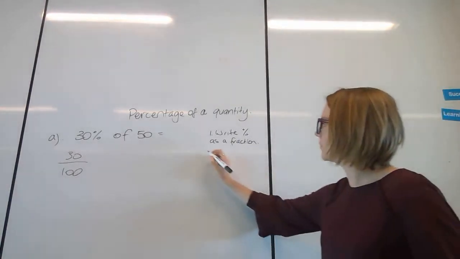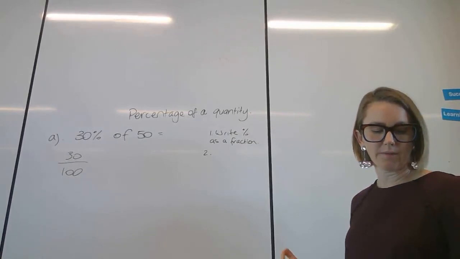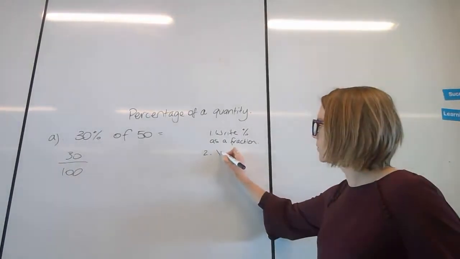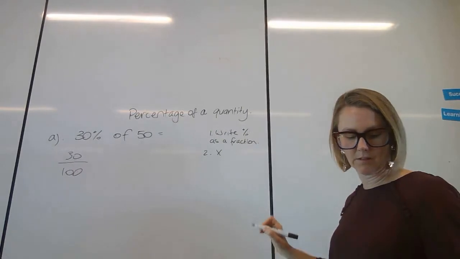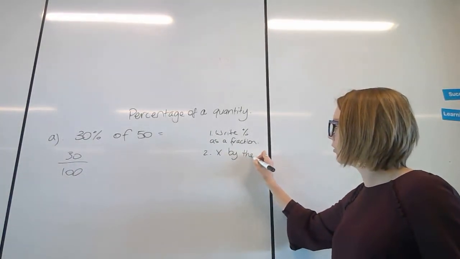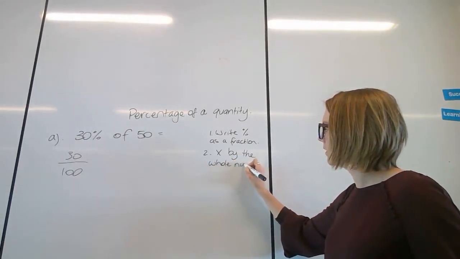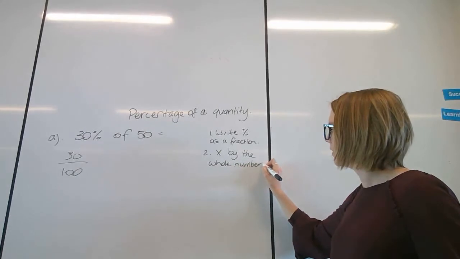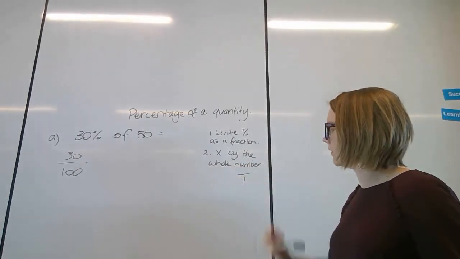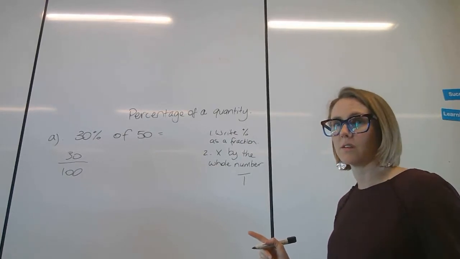The next step here, I know I'm working quickly, but this working will stay up here, is to write the multiplication sign and then times it by the whole number over 1. Now the whole number in this question is 50.